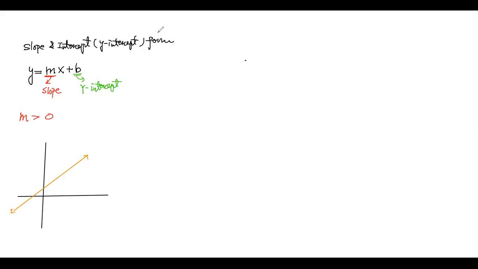That means when x increases, y increases. So if you see a graph going up like this, you know immediately your slope is positive. And here is where you intersect the y-axis.